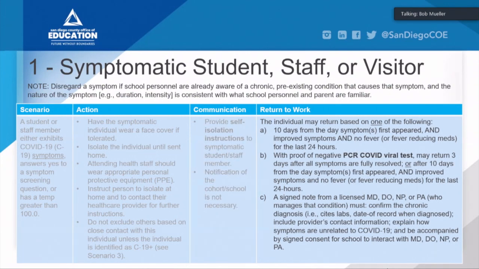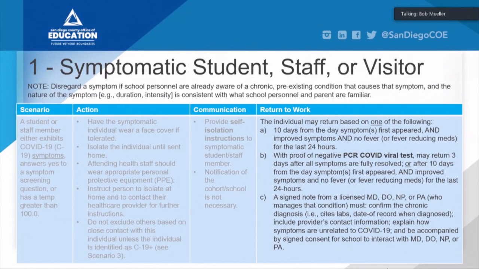In terms of return to work, the individual can return based on one of the following criteria. It's been 10 days since the onset of symptoms, the symptoms have improved, and the individual has been free of fever for the last 24 hours before their return, and they haven't used fever-reducing medication during that time.